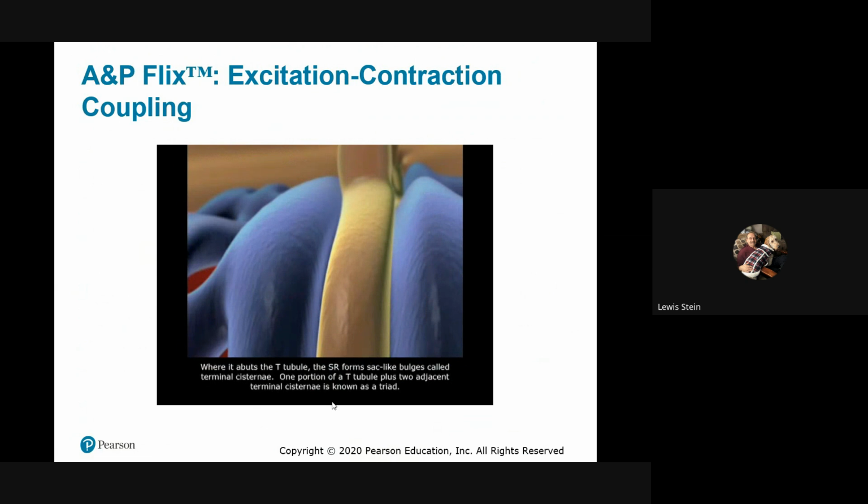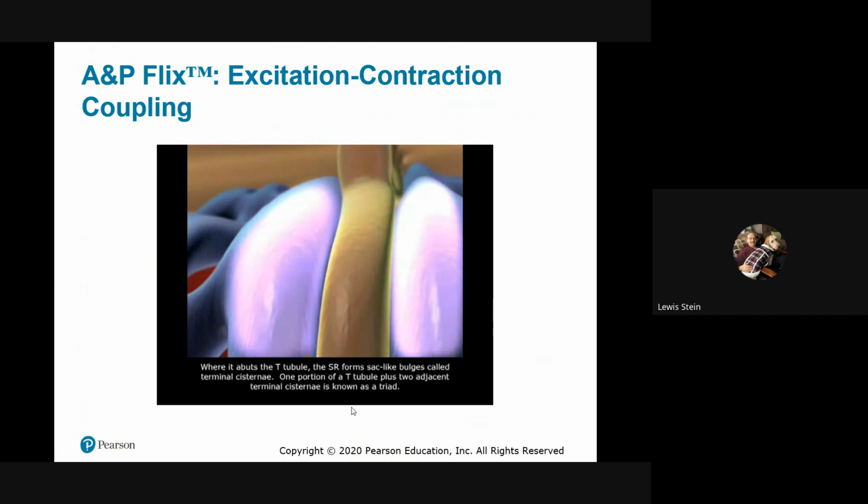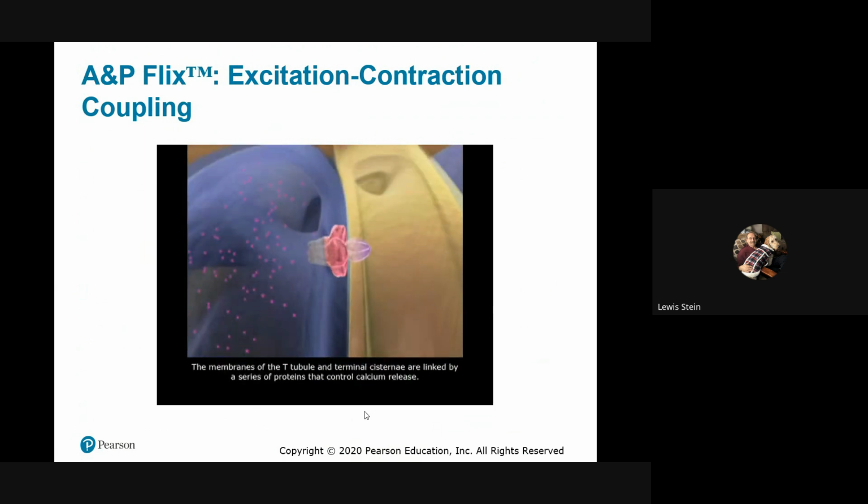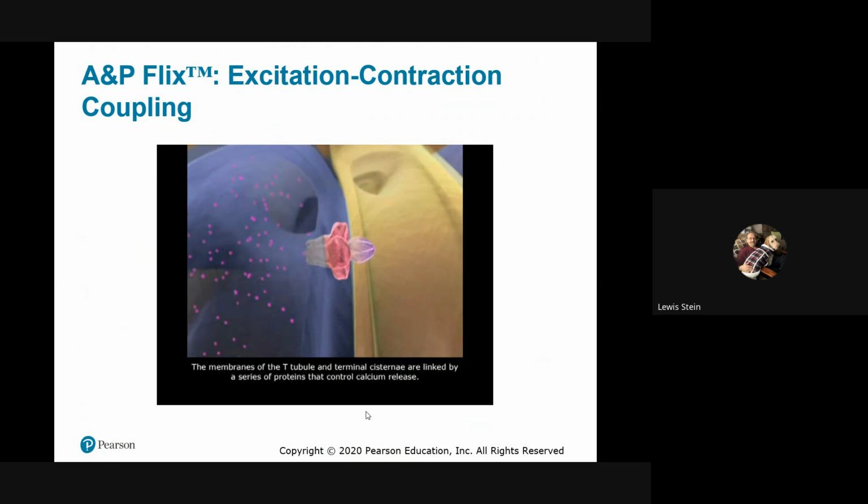And then you can see what happens when you see that light, that indicates that an energy bolt is going through, tripping that voltage gated sensor or channel. And that trips it in such a way that, and you can see it's married on either side effectively to a gateway that allows calcium to pour out of and into the interior of the cell.